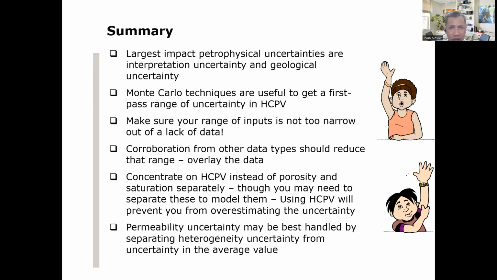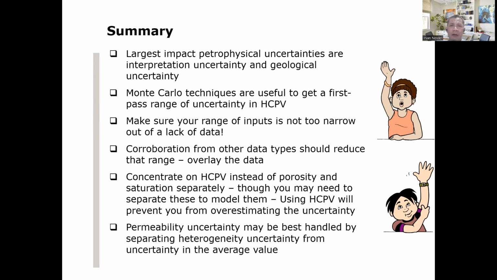It is important to avoid a narrow input range due to limited data, and corroborating data from other sources can help reduce uncertainty. Additionally, focusing on hydrocarbon per volume instead of porosity and saturation separately can prevent overestimation of uncertainty, while handling permeability uncertainty may involve separating heterogeneity uncertainty from the uncertainty in the average value.